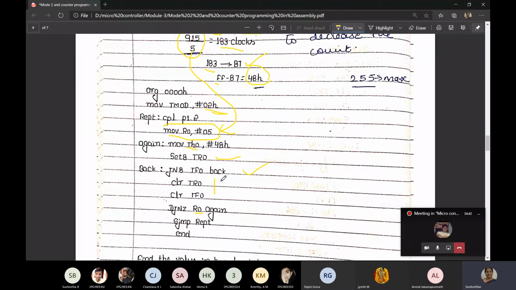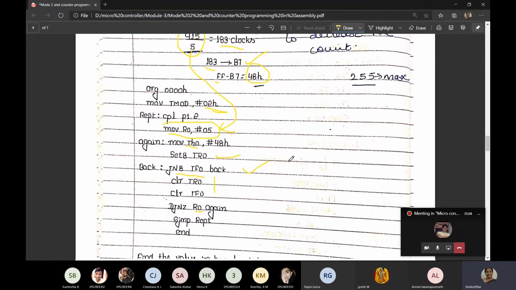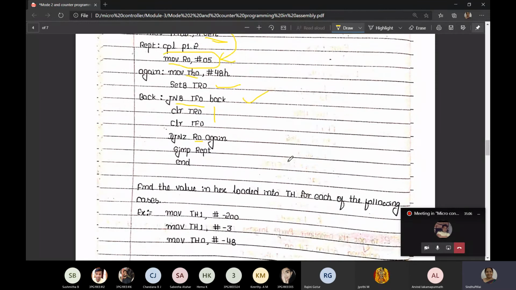They have not gone for a separate delay and called it here. TF0 is monitored, both are cleared. Since it is timer 0, they have gone for TR0, TF0. That is important. And why did they take this register? Since the count is huge, they put it into a loop and decrease the count, because mode 2 is only 8 bit.